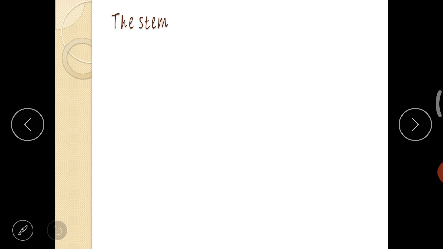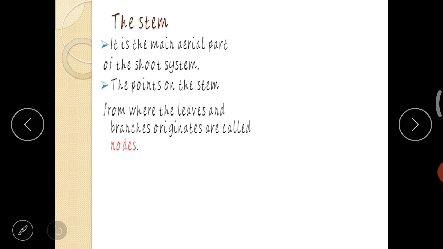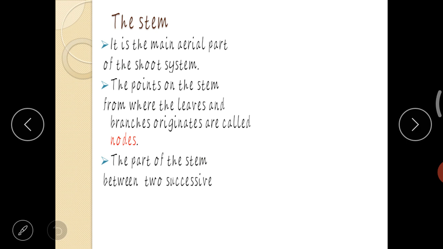First we'll see the stem. Stem is the main aerial part of the shoot system. The point on the stem at which the leaves and the branches arise is called a node.